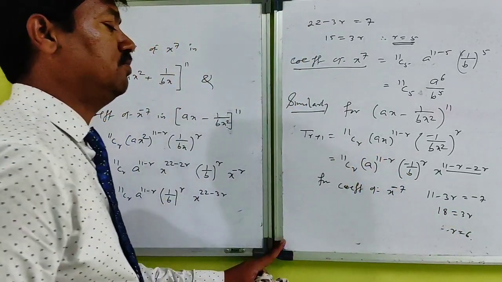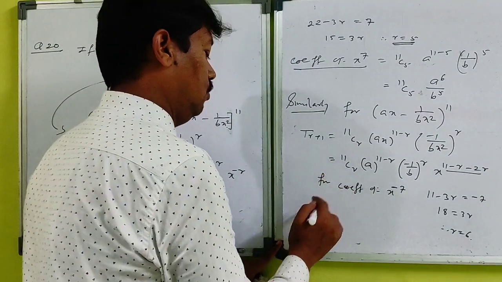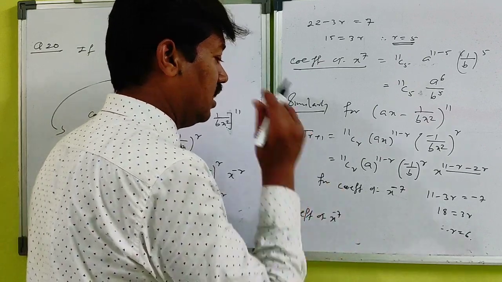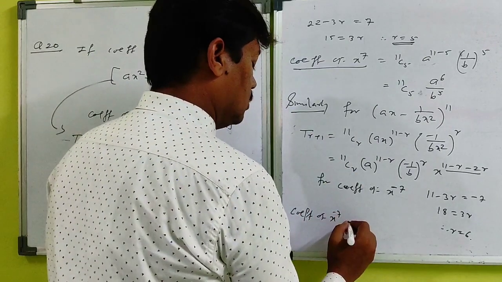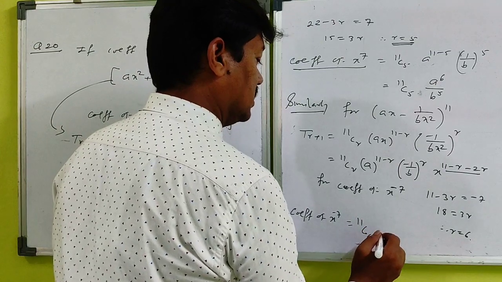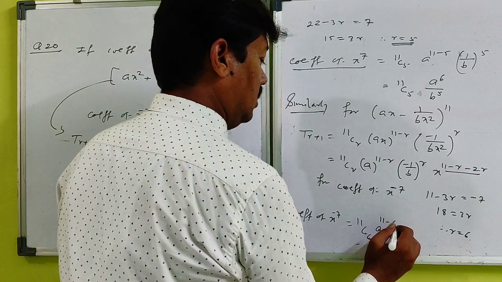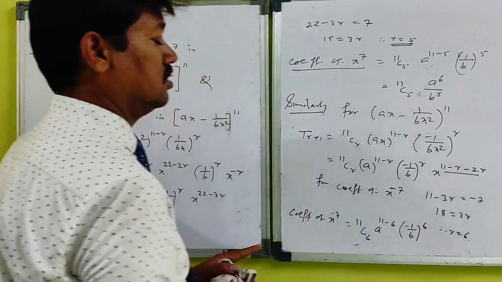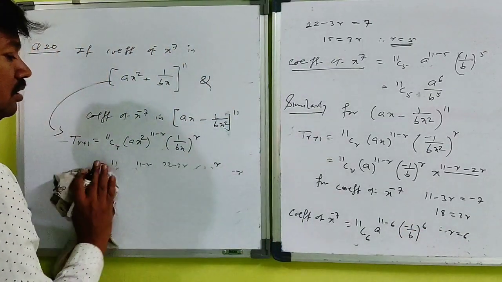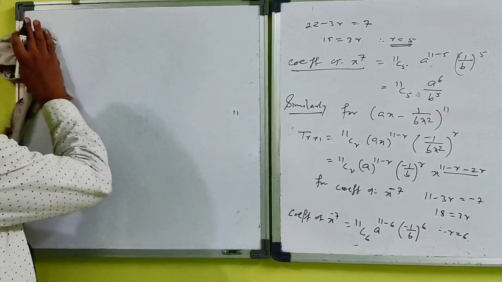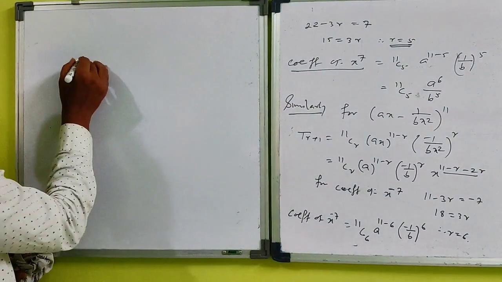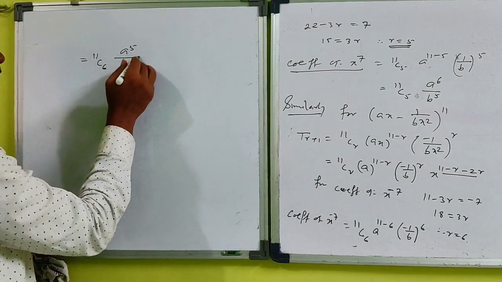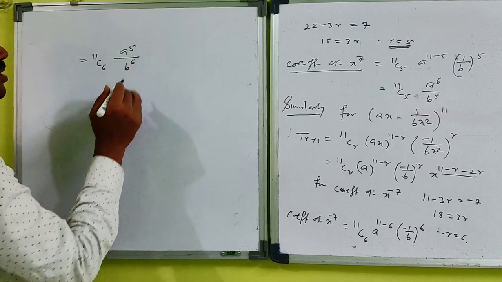Substituting R equal to 6 back in this, the coefficient of x raised to minus 7 is equal to 11C6 A raised to 11 minus 6, minus 1 upon B raised to 6. So that is nothing but 11C6 A raised to 5 upon B raised to 6.